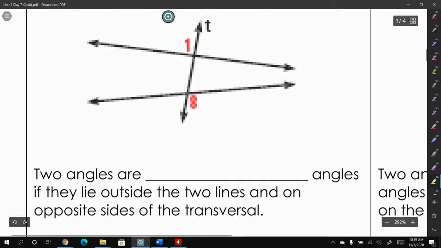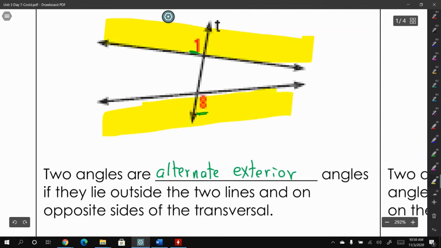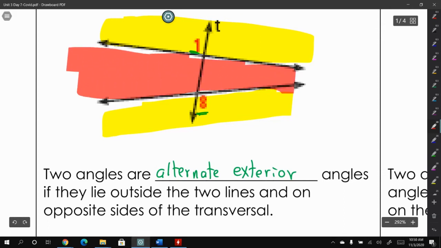Down here, you may say, well, these are on opposite sides. Angle 1 is on the left side of the transversal, and angle 8 is on the right side of the transversal, but they're on the outside of our lines. So these are alternate exterior angles, because here's the exterior, the outside of our two lines, where we drew earlier that this would be the interior in red right here.